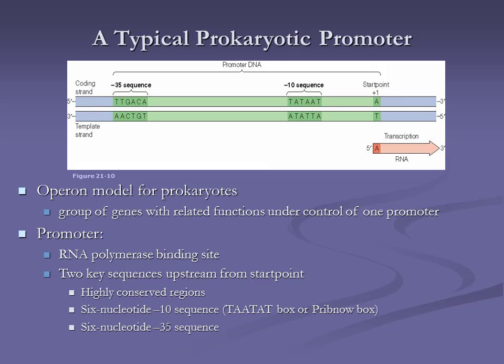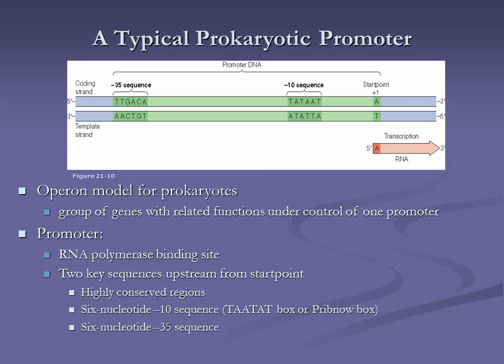And what we find in our bacteria are these promoter regions. About 10 sequences away from the start point, we have these sequences of TATAAT. Those are referred to as the Tata box. That's fairly conserved, fairly consistent in bacteria. And then at about 35 nucleotides upstream, we have another promoter sequence that's not really as conserved as your Tata.